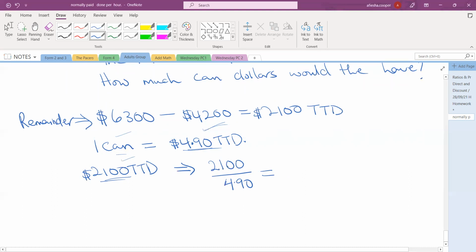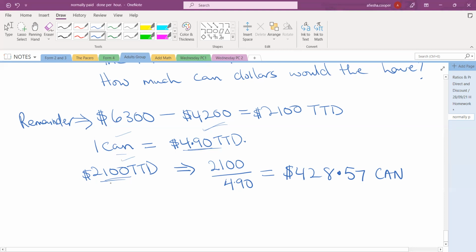So when we divide 2,100 by 4.9, that tells me I am going to have $428.57 Canadian dollars. Of course we cannot multiply, because it never said 1 TT is 4.90 Canadian.